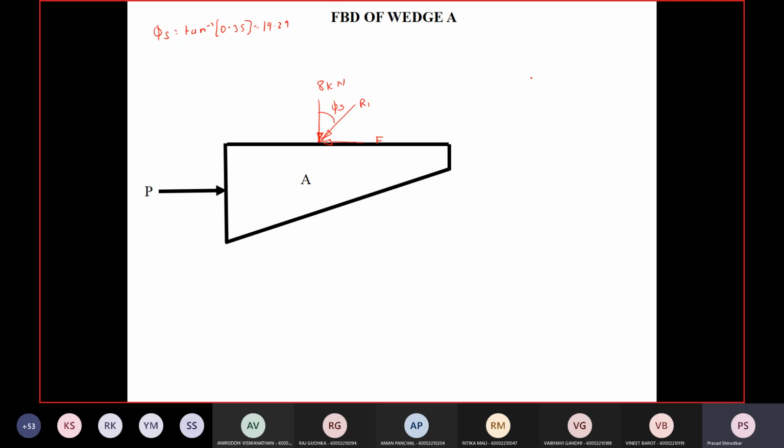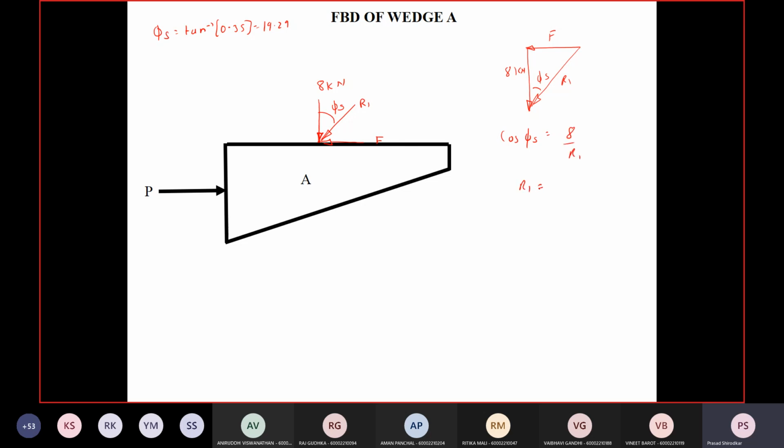Okay, so I will just construct a triangle for these forces. So this will be F, and R1. The force triangle: F, this is 8 kilonewtons, and R1, this is phi s. So cos phi s is equal to 8 divided by R1.